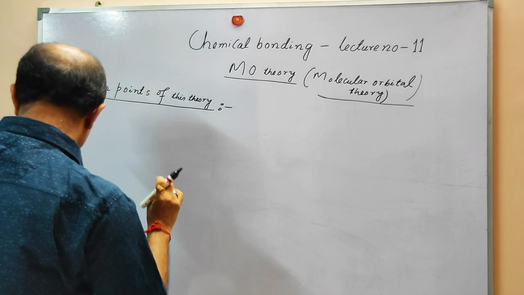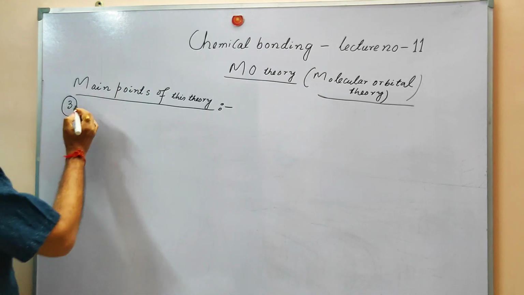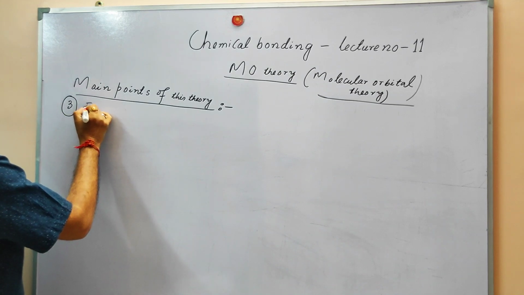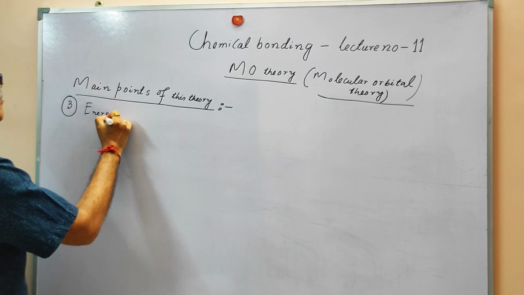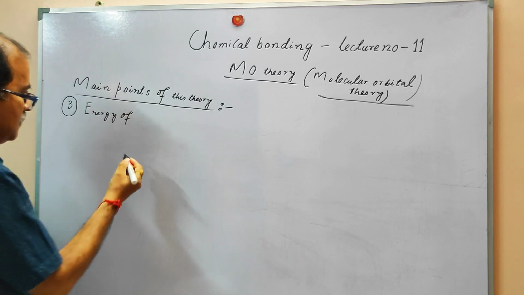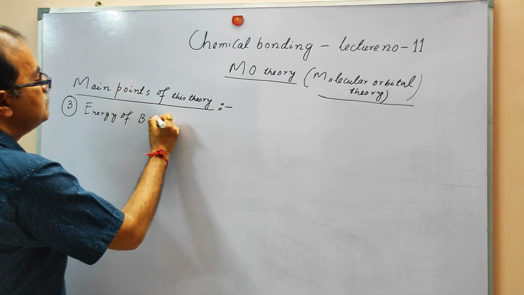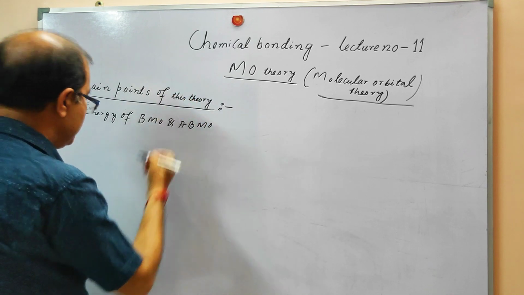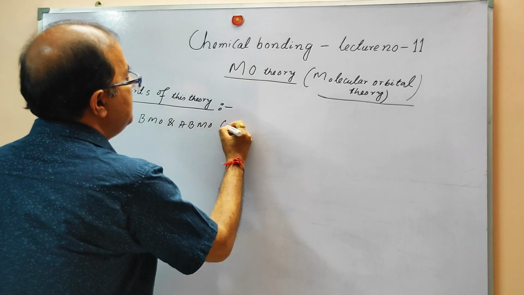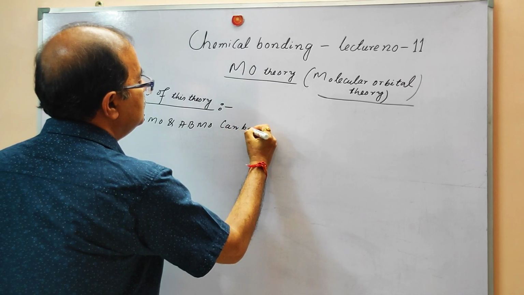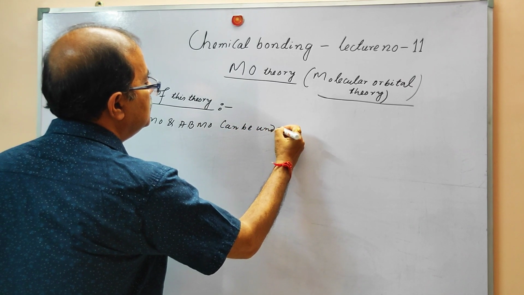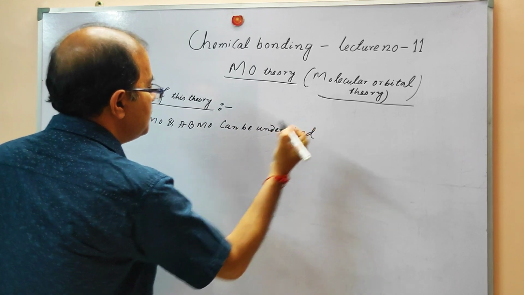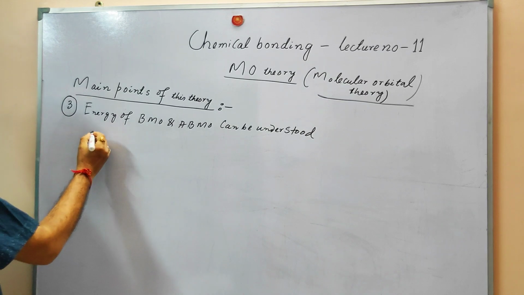Now we go to the third point of this theory, that is the energy of BMO and ABMO, which can be understood like this.